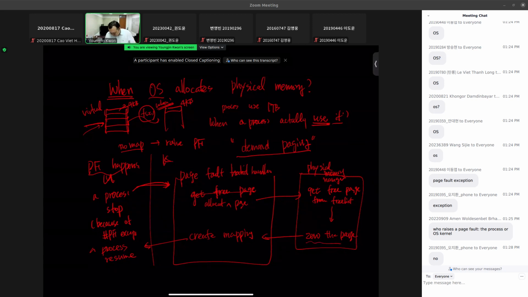Question: zeroing the page. Why does the kernel have to zero the page? What if we skip it? Is it okay? If you think skipping is okay, click yes.